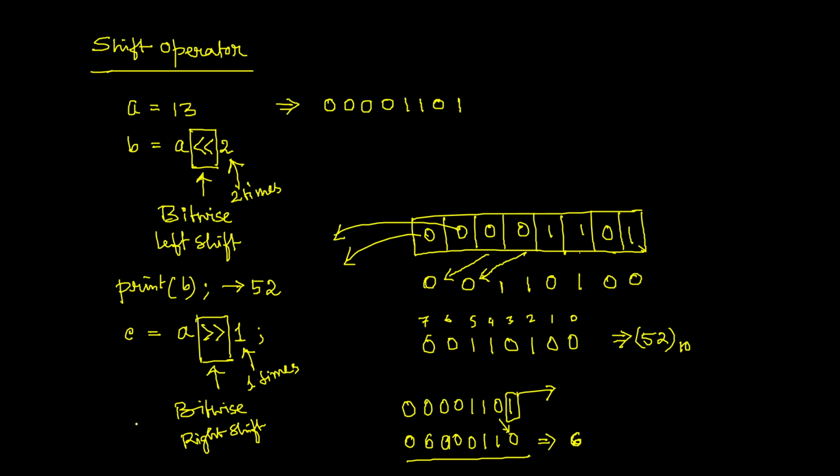So if you print C, it will print 6. So this is the basic idea of the shift operation, that is left shift or right shift. How many times you are shifting determines how the number will change. Now this shift operation has an importance, so let's see an interesting visualization.